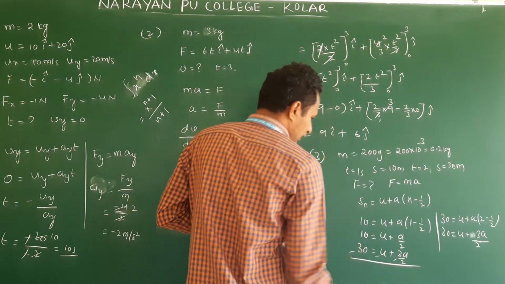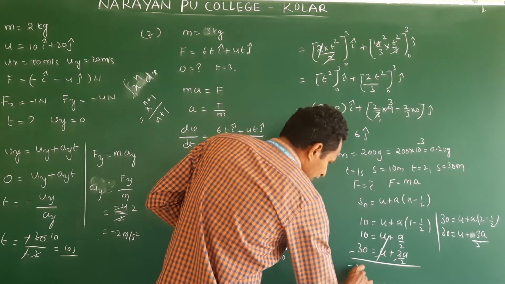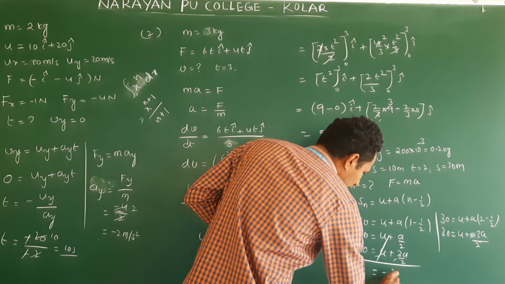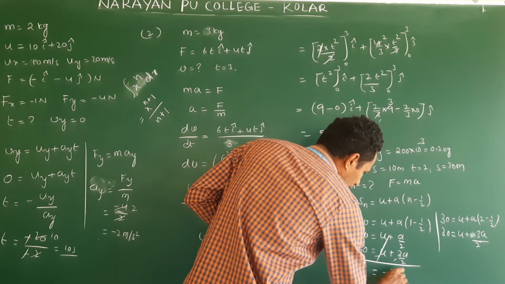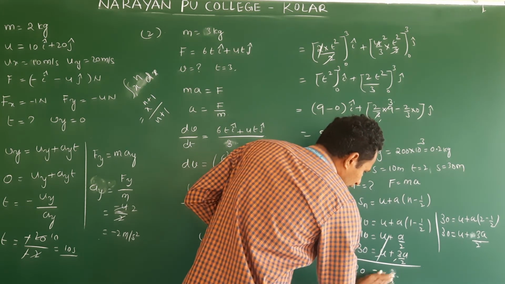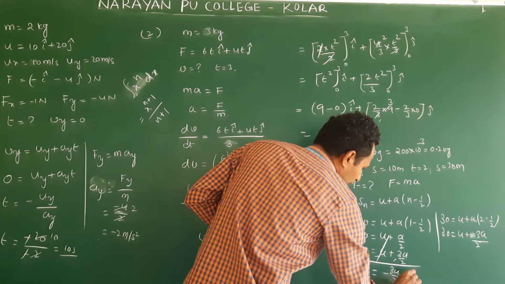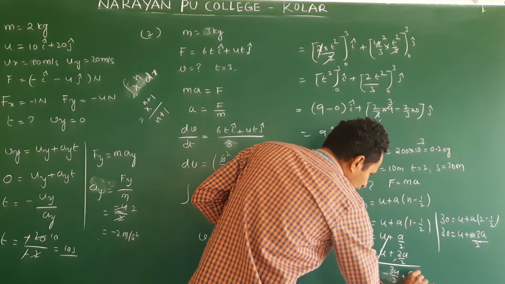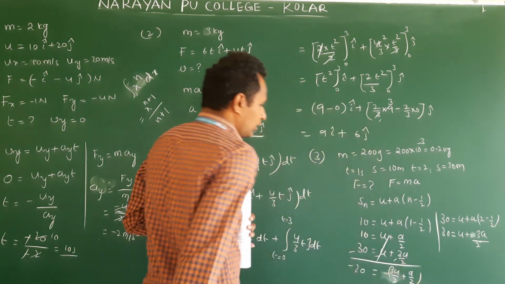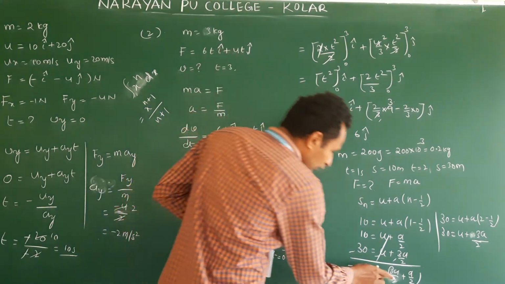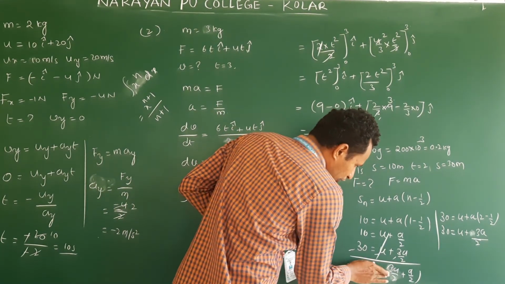Minus, minus, minus: these two u's will cancel. So −20 = −3a/2 + a/2. It is not a bracket, just direct minus.